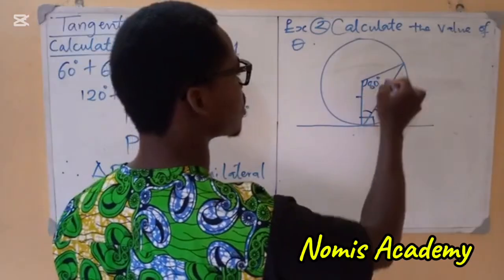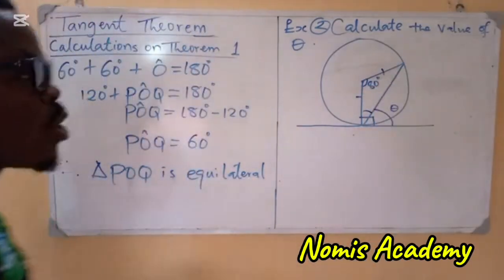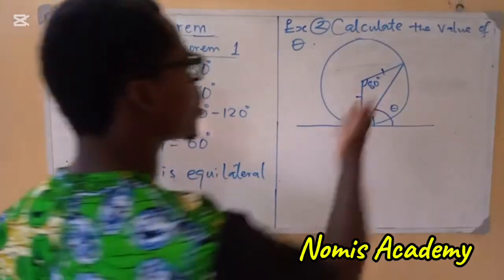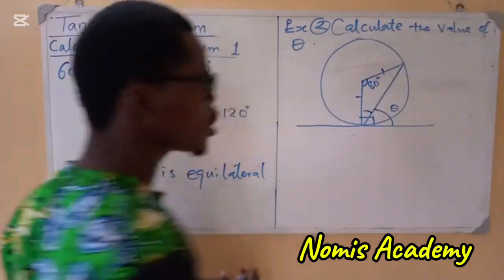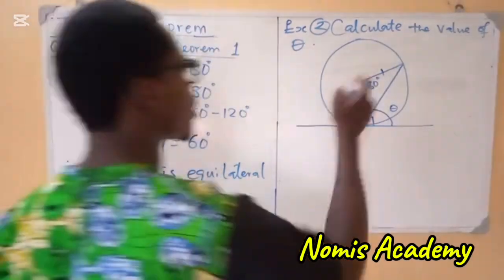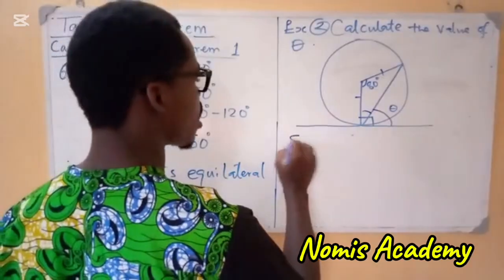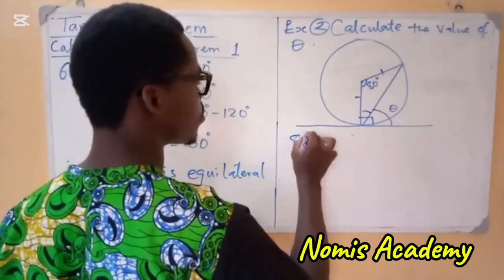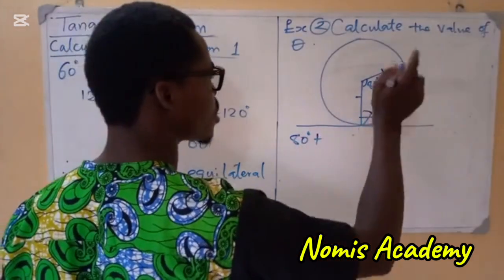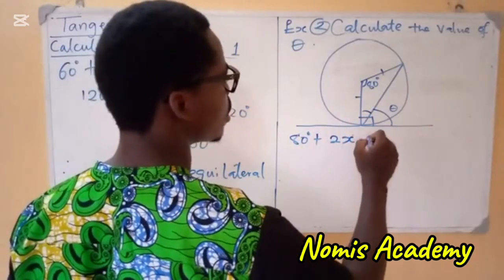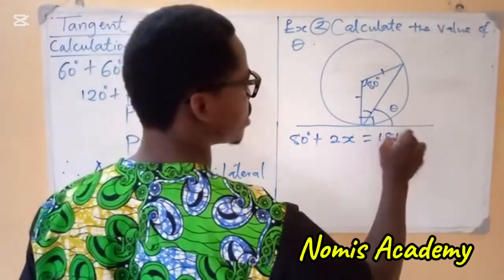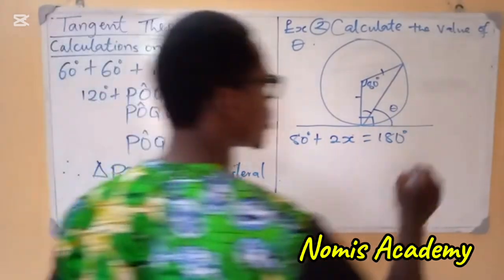If these two sides are the radii of the circle, then it must be an isosceles triangle. The base angles must be equal. So here we have 80 plus the two angles. Let the two angles be x. 80 plus 2x equal to 180 degrees.